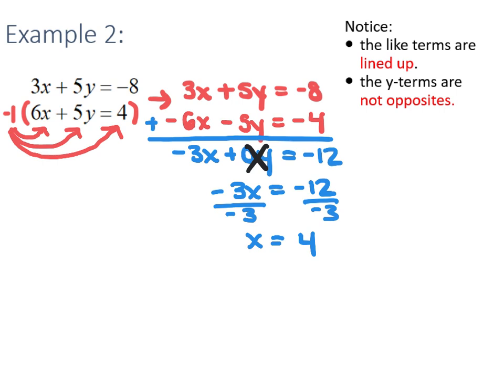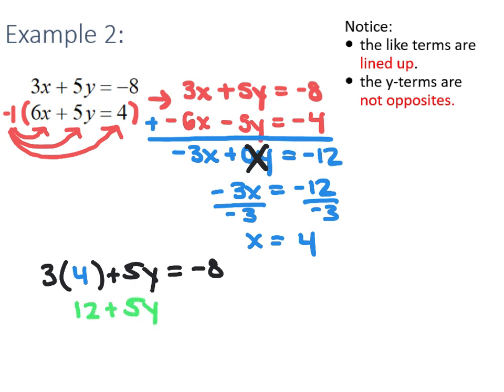Now I can take this value of x and plug it into one of the original equations. So for example, my first equation was 3x, so it's going to be 3 times 4 plus 5y equals -8. 3 times 4 gives us 12 plus 5y equals -8.